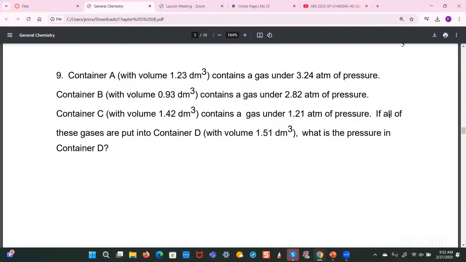You can feel free to look in your notes or the PowerPoint. We have dealt with several laws, right? So which specific law? Oh, wait a minute, I just realized something. We have Dalton's law of partial pressure, right? No, that was the next.